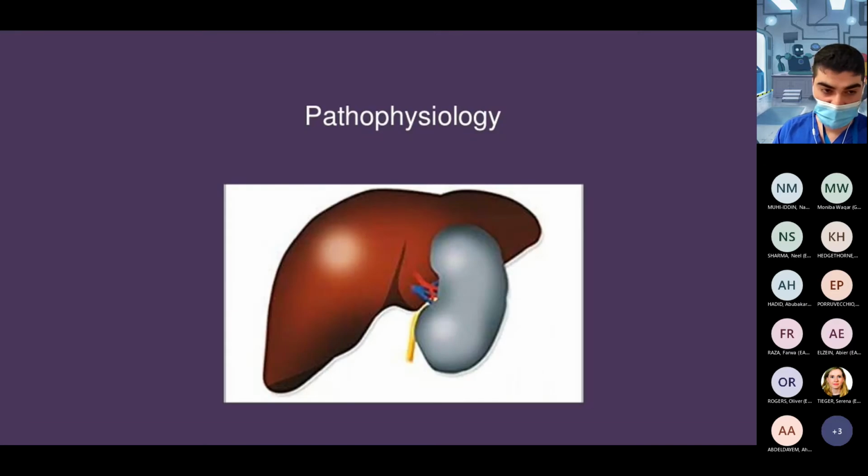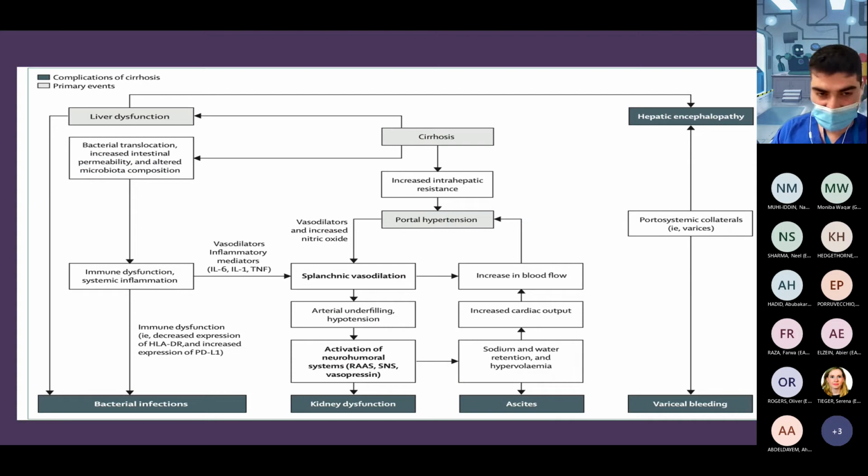So pathophysiology-wise, this slide shows you what normally happens. Essentially, you'll see that there are a few negative feedback loops which make the overall management of hepatorenal syndrome much more complicated. Patients with cirrhosis develop portal hypertension. Portal hypertension causes splanchnic vasodilation, which means that the blood supply to the rest of the body is diverted towards the portal system, which causes central hypoperfusion.